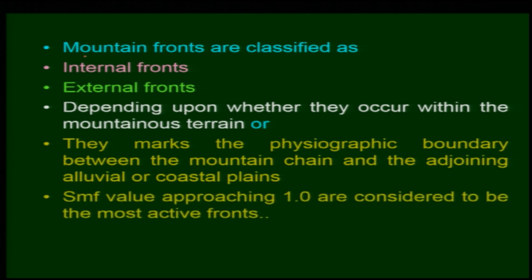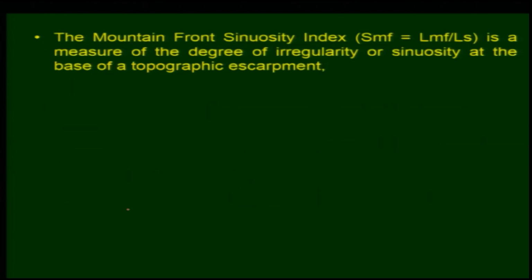Okay. Now, Smf values approaching 1, this is important, are considered to be the most active front. Okay. The mountain front sinuosity index is the measure of the degree of irregularity.